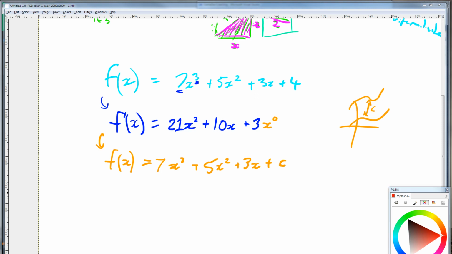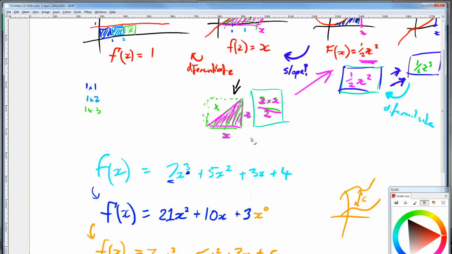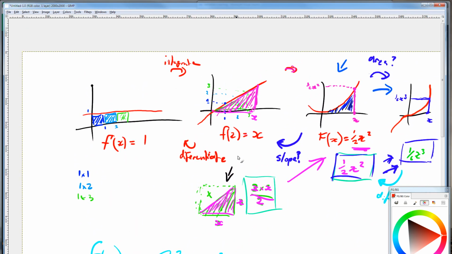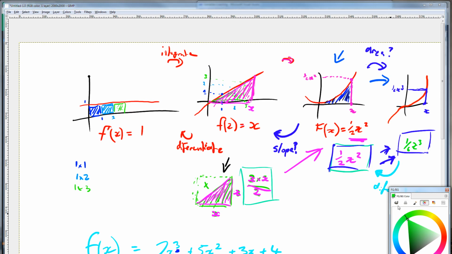So let's start applying this to some physics. So you can imagine that if I wanted to just slap some labels on this thing, I'm going to ignore this one for now, although I won't scribble it out. If this is acceleration, and we integrate acceleration, we're going to get velocity.